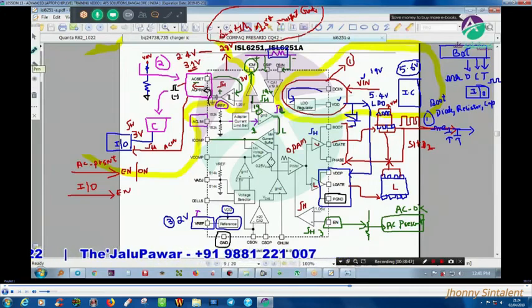And the lower MOSFET source is connected to my ground. Drain, source, gate. Got it?